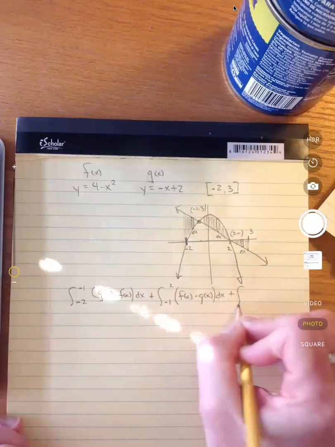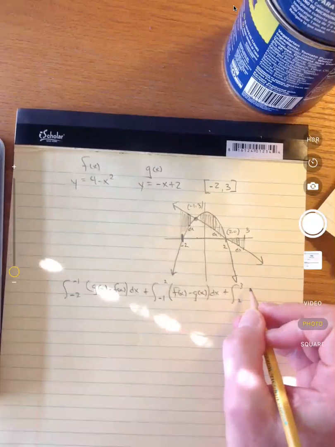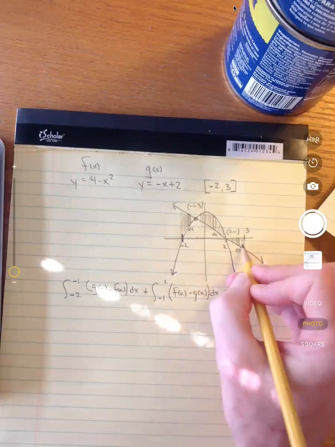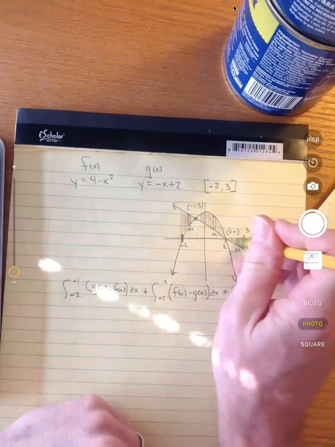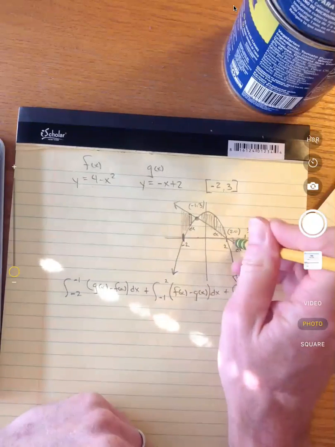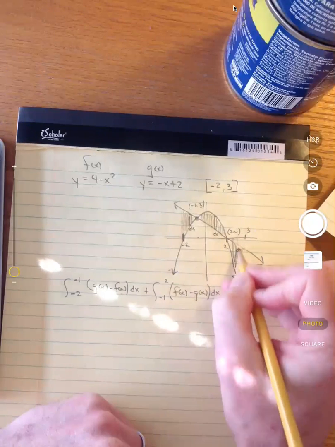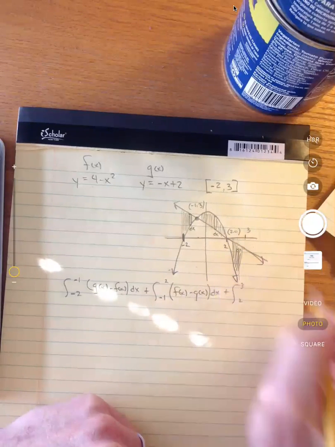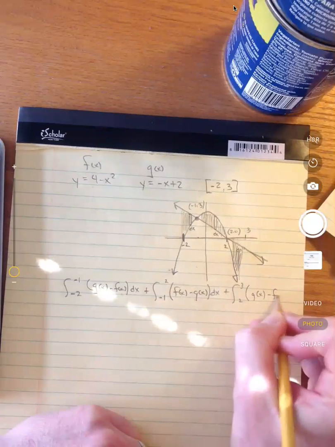And lastly, from 2 to 3 of, look at this. This is interesting. I think I actually found the wrong area right here. I want the area bounded between the two functions. That's not right. So I actually want this area down in here. So that is now the linear minus the quadratic.